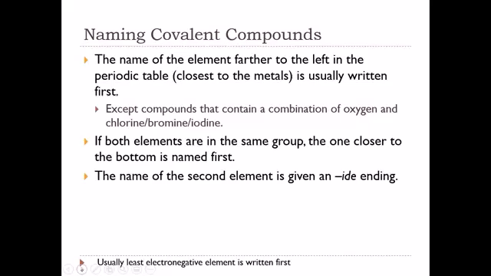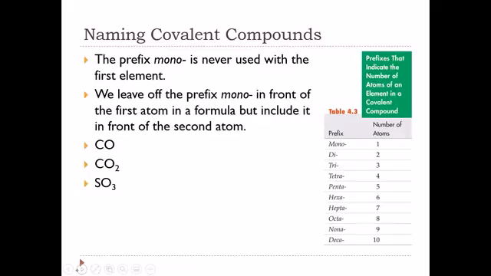The name of the second element is given an ide ending. And when we talk about electronegativity, this sentence may make a little bit more sense. Usually the least electronegative element is written first, but for now, this is not too important to our discussion.